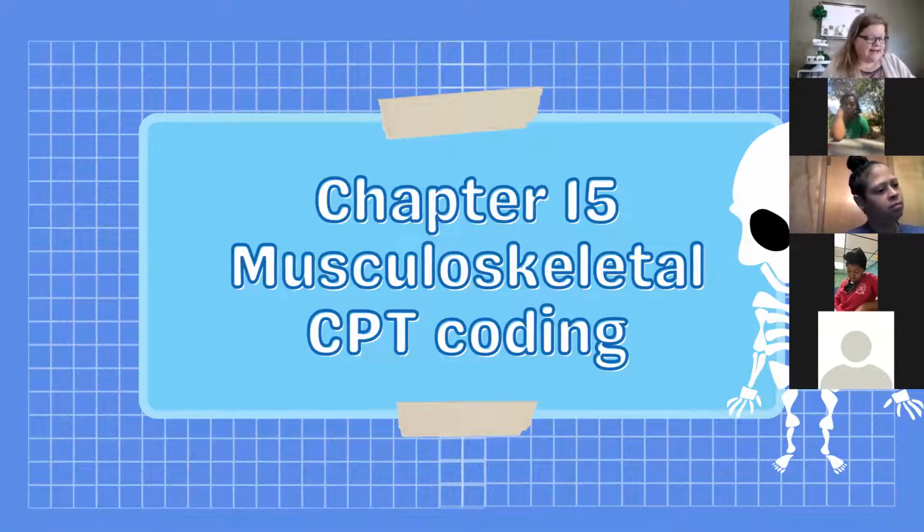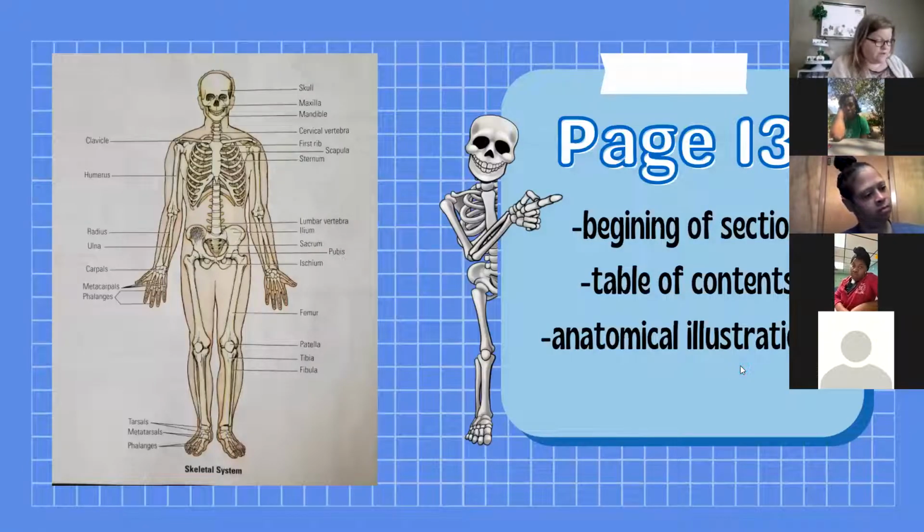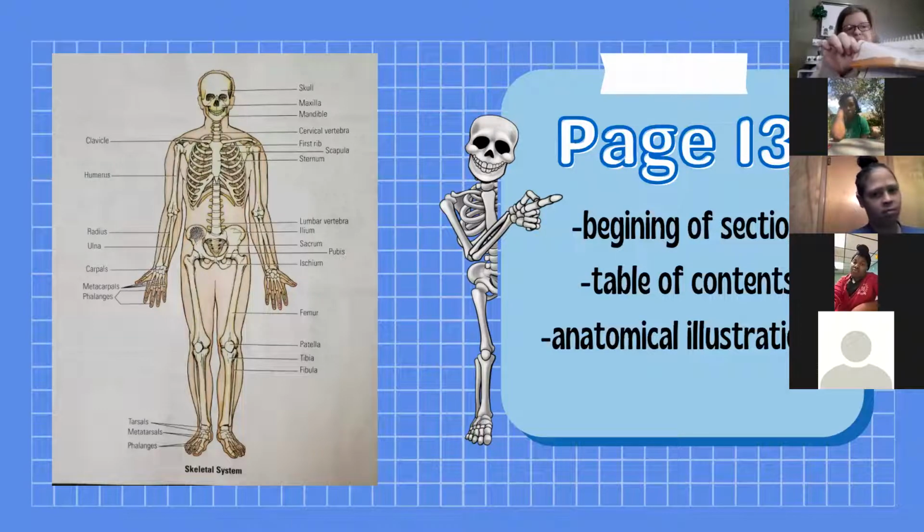So when we're looking at chapter 15 and it's musculoskeletal, we're looking at just that section. All the codes that we're looking for in chapter 15 are going to be found in between pages 131, where it starts and is marked with an orange label on the end, and page 216.